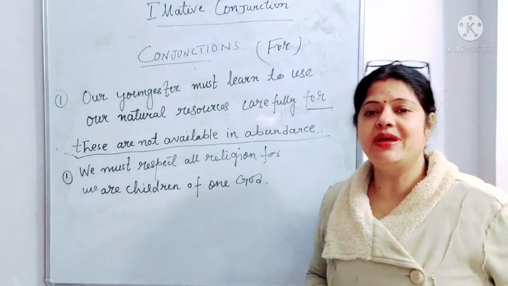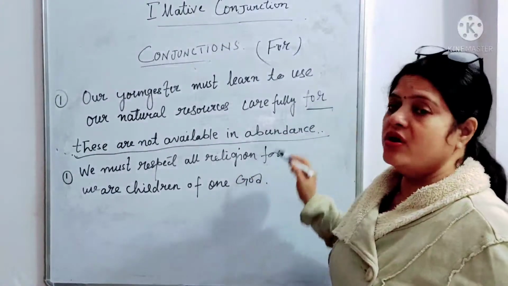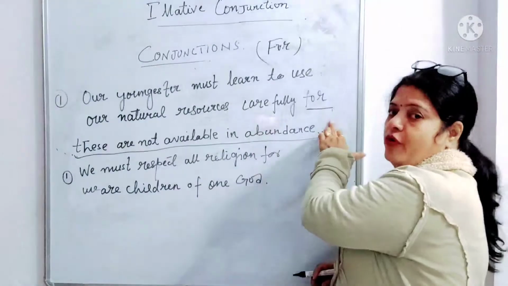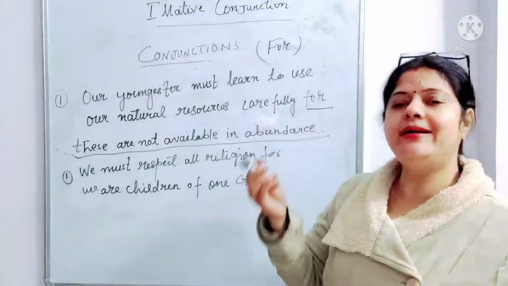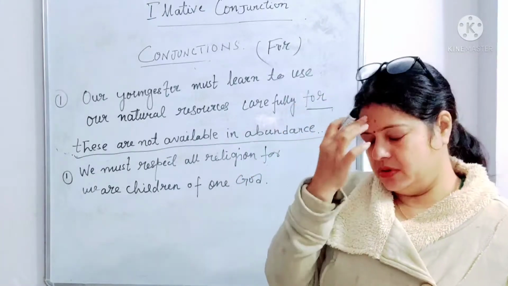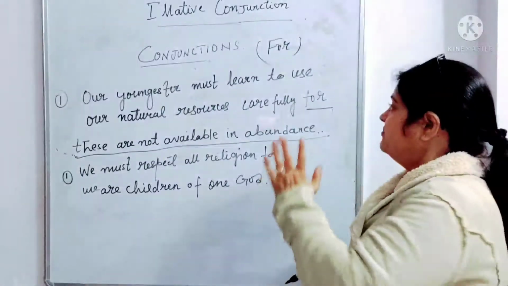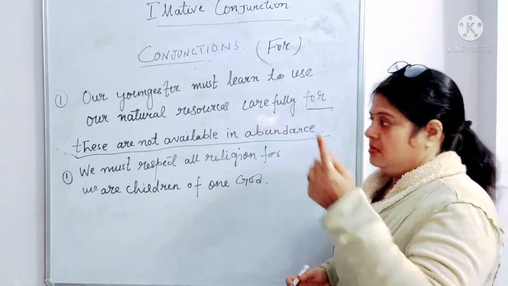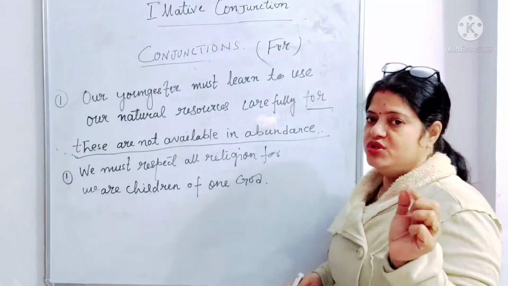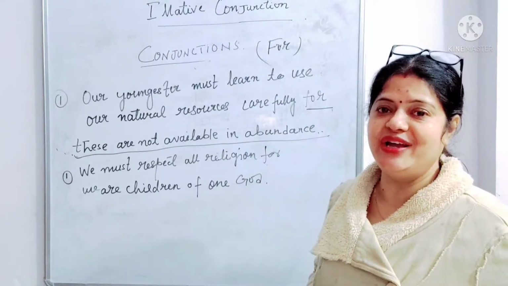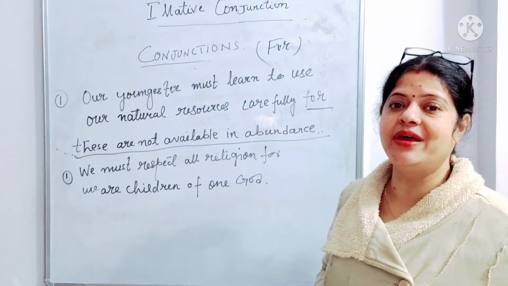But one problem is there. If we use the conjunction because in place of for, we cannot call it a compound sentence. It will become a complex sentence, because because is a subordinating conjunction, not a coordinating conjunction. Just keep this in mind.